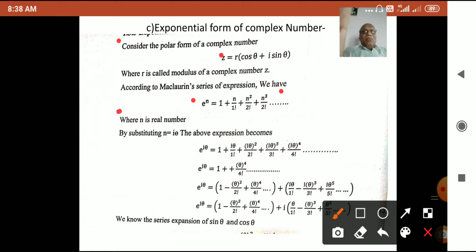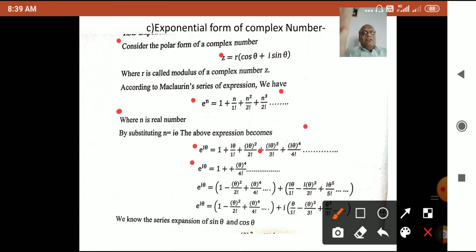So by substituting i θ instead of n in the Maclaurin series, this series becomes e^(iθ) = 1 + iθ/1! + (iθ)²/2! + (iθ)³/3! + (iθ)⁴/4! and so on.